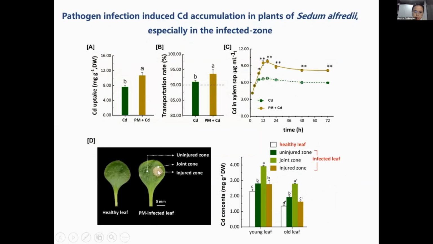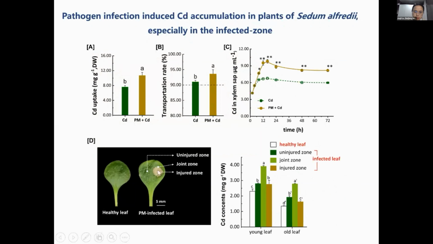Then, with the help of Lucy at APS, we did XRF imaging of these plants. This is the pathogen-affected tissue, and this is the healthy tissue. We made the XRF image of the cadmium and other elements. We found that the cadmium was exclusively localized to the PM-affected zone.